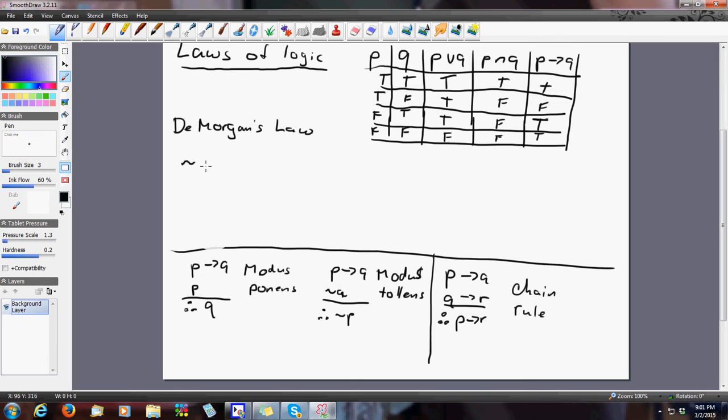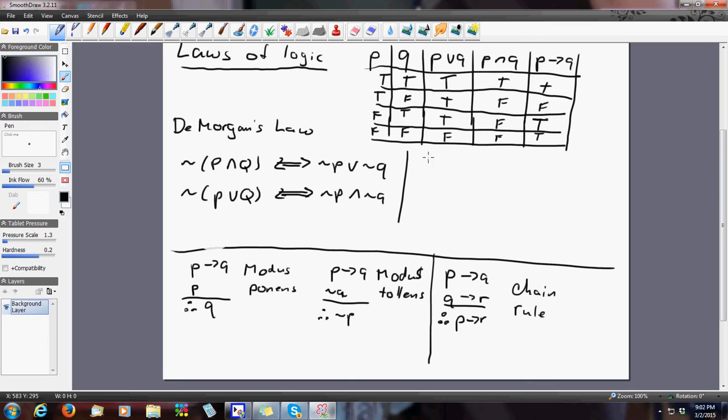It says basically if I have not (P and Q), that is true if and only if, if you can use your powers of imagination, double arrow, if and only if not P or not Q. And similarly, if I have not, and then the grouping P or Q, that's true if and only if not P and not Q. Is that wild? And that's it. Those are pretty much the only laws that we're going to do.